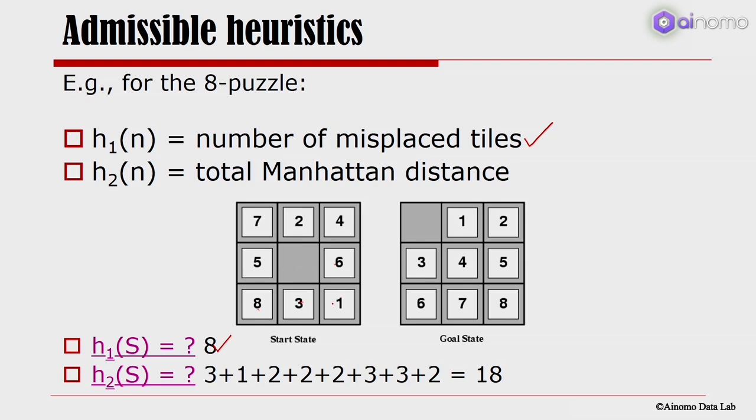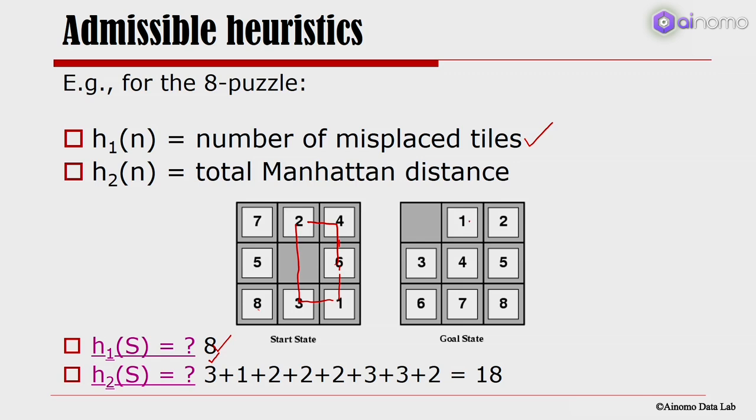Let's take number 1. Number 1 in the current state, if it has to reach number 1 in the goal state, we'll have to make a move of 1 step, 2 step, and the 3rd step. If I take that route, or for that matter, 1 step, 2 step, 3 step, if I take that route. So basically number 1 would need 3 steps to move to its goal position.